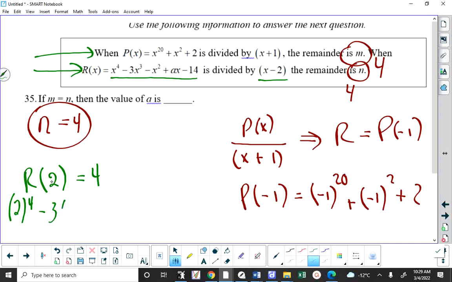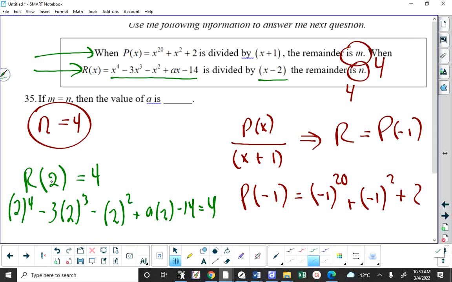So that means I'm going to have 2 to the 4 minus 3 times 2 cubed minus 2 squared plus a times 2 minus 14, and this has to be equal to 4. Well, that's a tough question. I don't even remember writing that question.